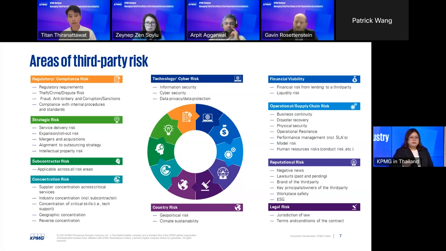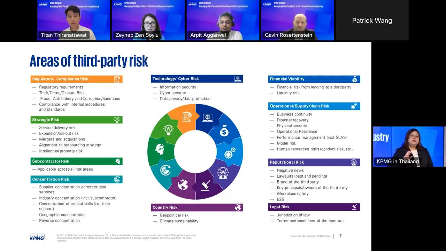They lost some money and some reputation because they had to stop some ATM services to uplift the security controls. Okay, that is my example.